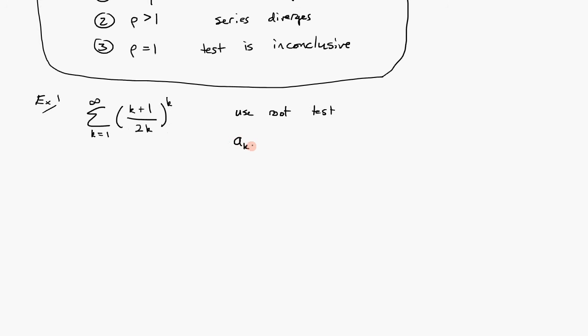In this series, a sub k is k plus 1 over 2k raised to the kth power. So we're interested in raising a sub k to the 1 over kth power.